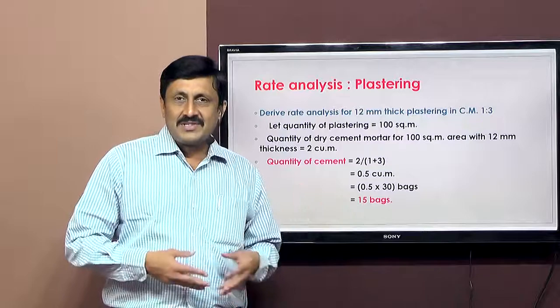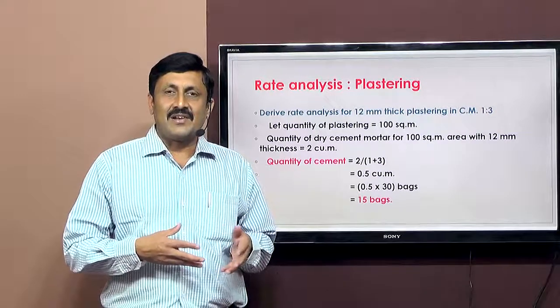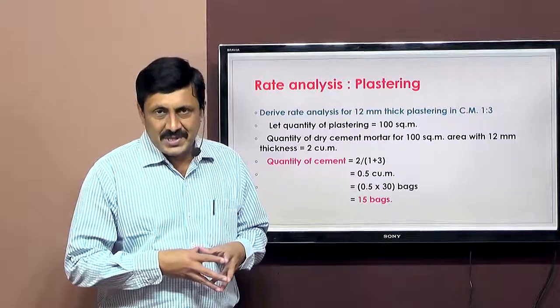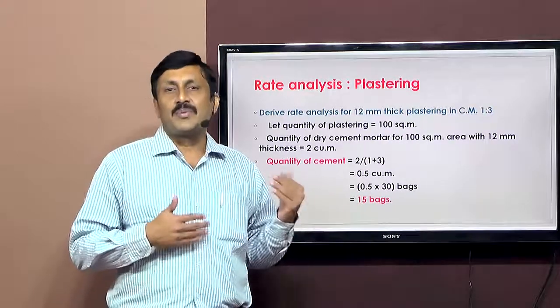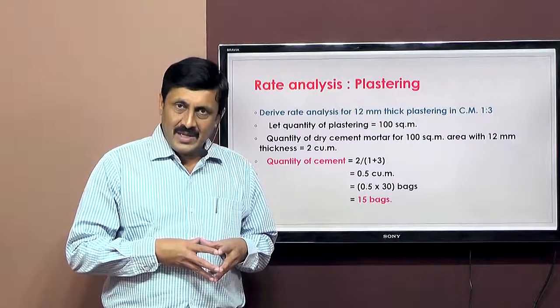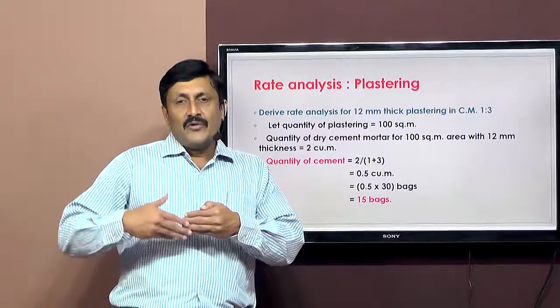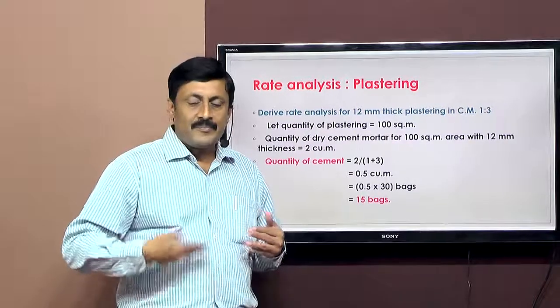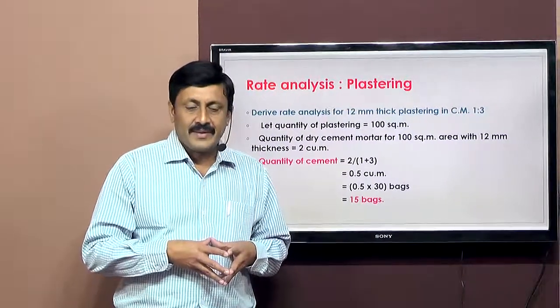In the previous lecture, we discussed exactly how to determine rate per unit for brickwork in superstructure when cement mortar proportion is given. Today we'll go further with the rate analysis of the next item of work, that is plastering.